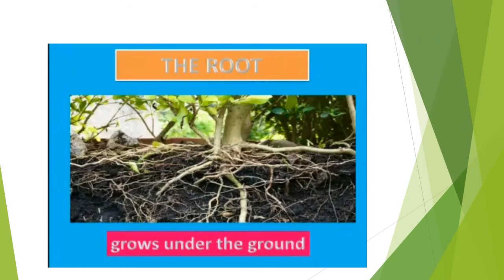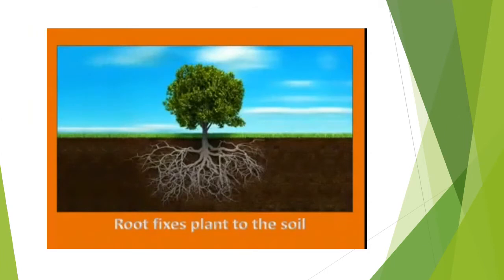Now, the root. Where does the root grow? The root grows under the ground. Why is this root very important for the plant? Because the root fixes the plant to the soil.